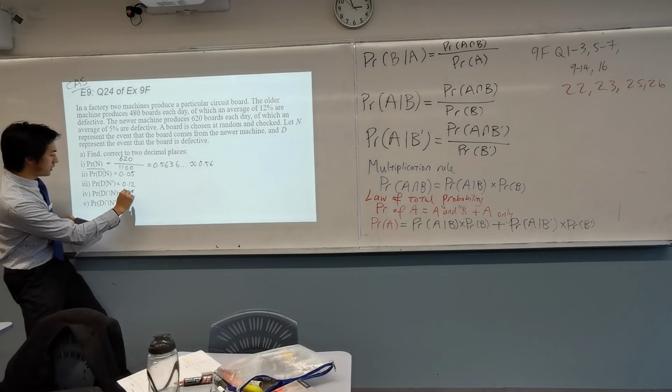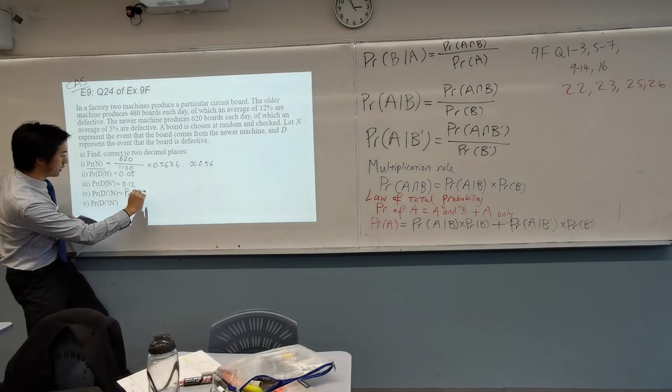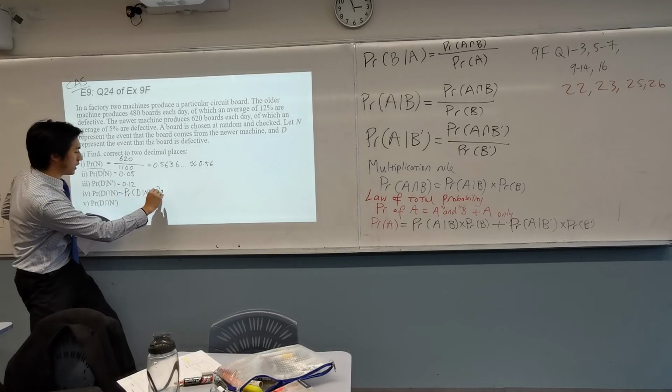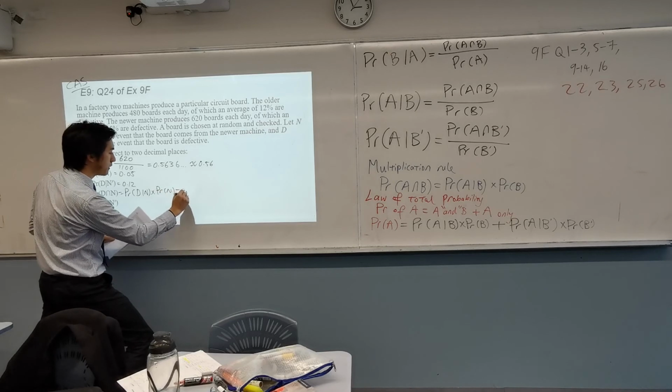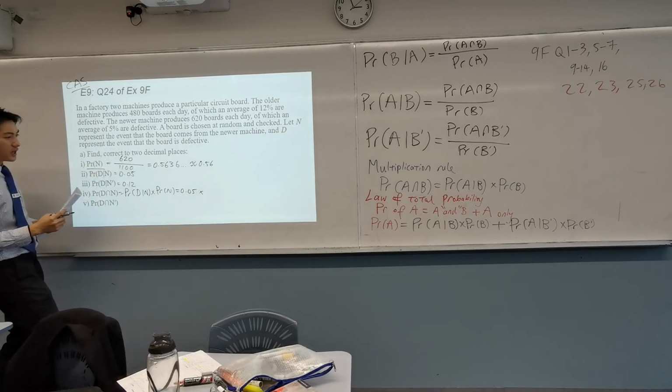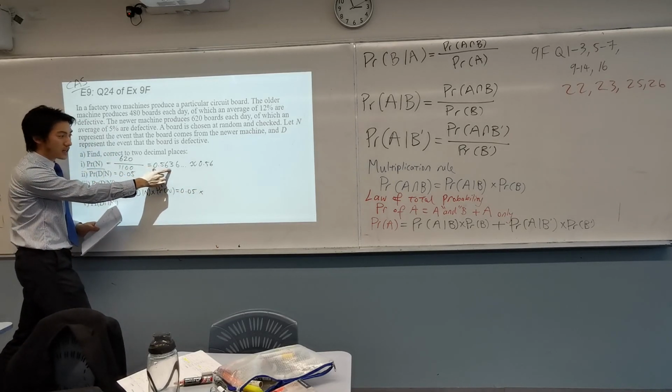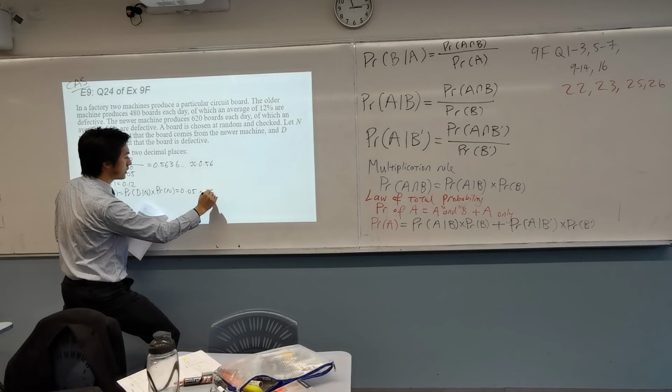It's PR, D given N, multiplied by PR N. And we've actually got all these numbers here already. So it'll be 0.05 multiplied by, and I'm going to use my more accurate answer to avoid round off errors.